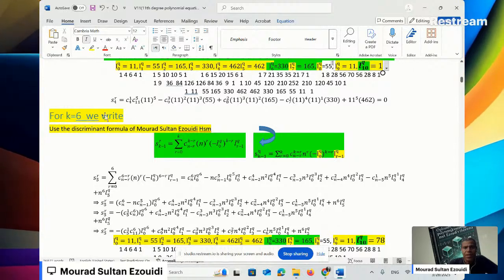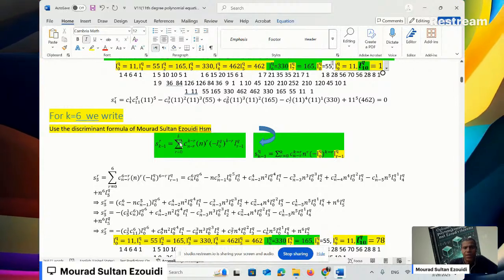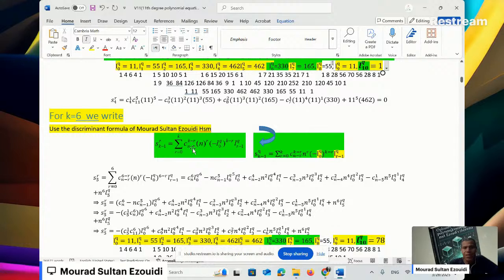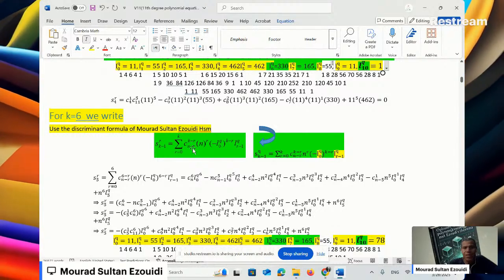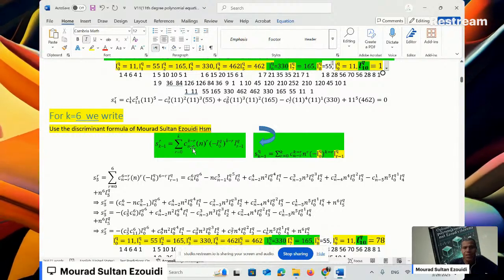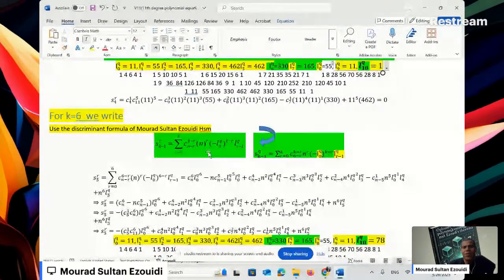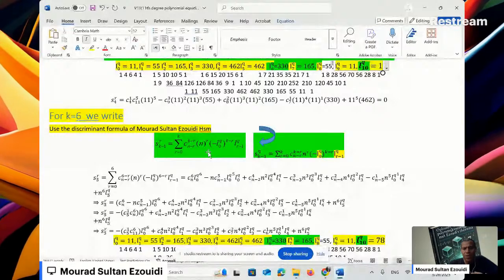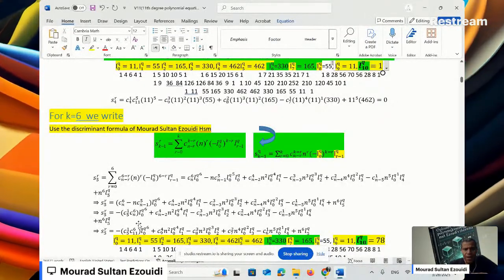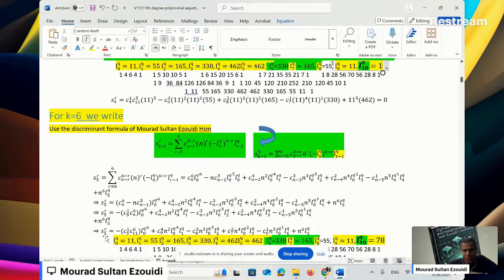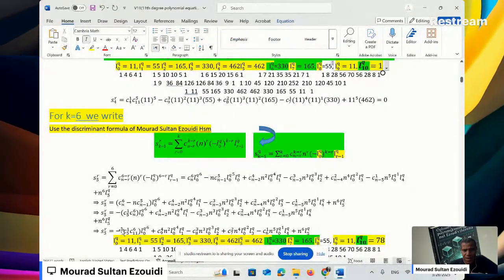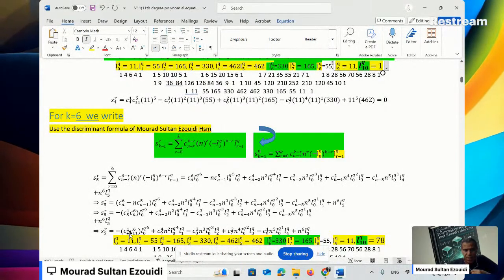Okay, k here is 6, means we are going to put here 6 minus r, and first write it in its standard form and in its simplest form, then you are going to make your own substitution.